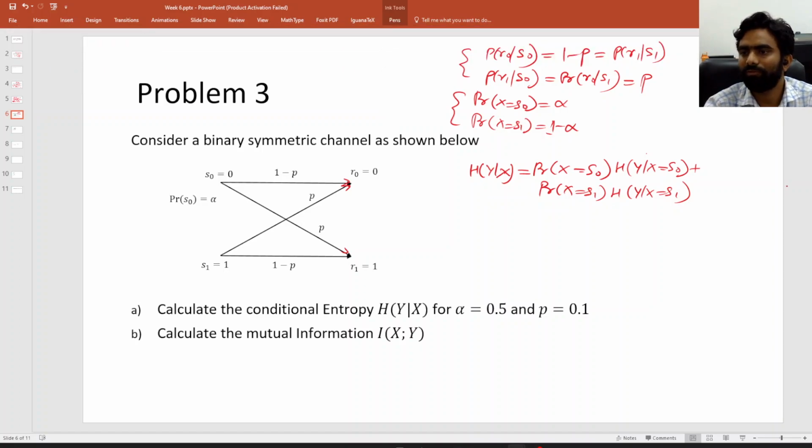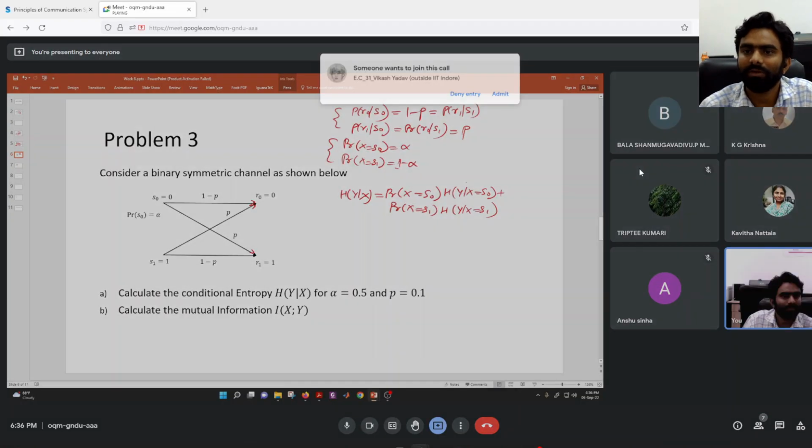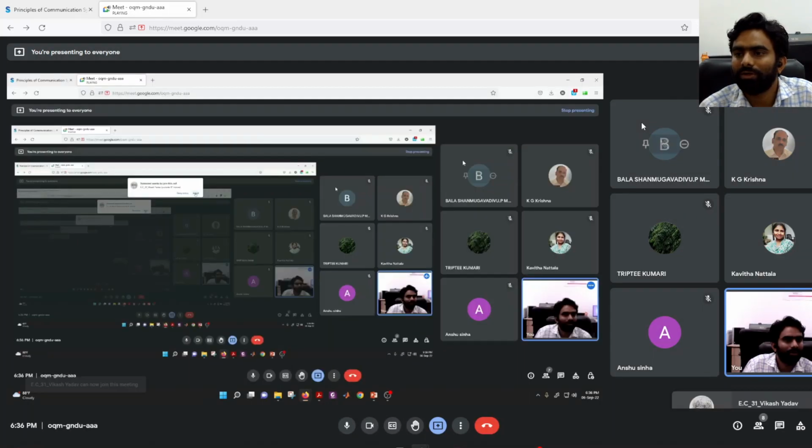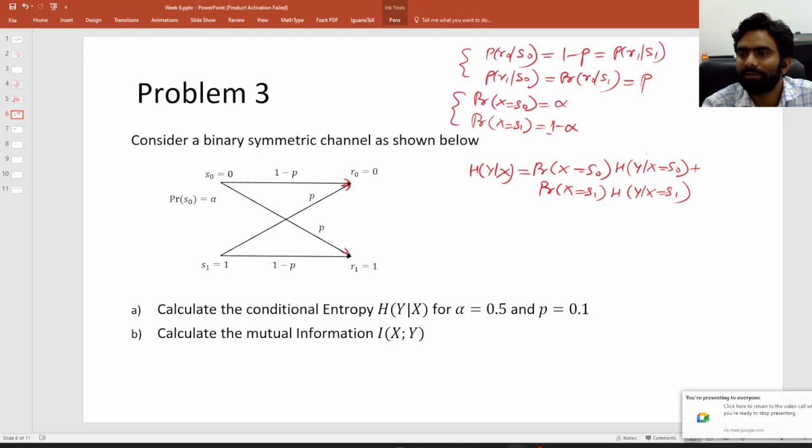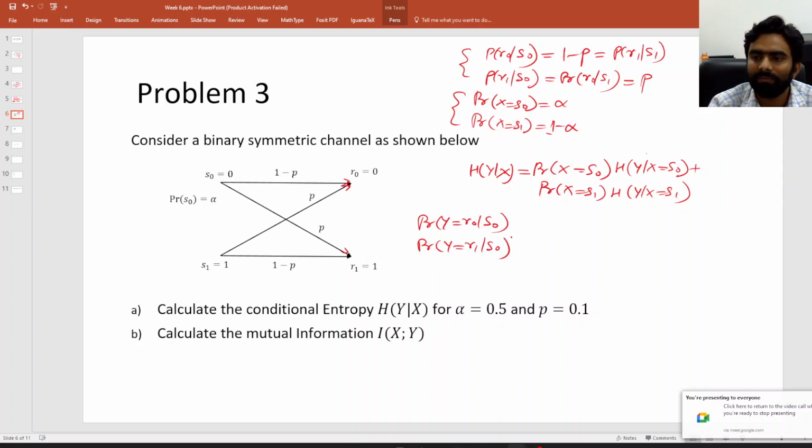So to calculate this probability Y given X of s naught, you have to calculate the probability of Y equal to r naught given s naught and probability of Y equal to r1 given s naught.